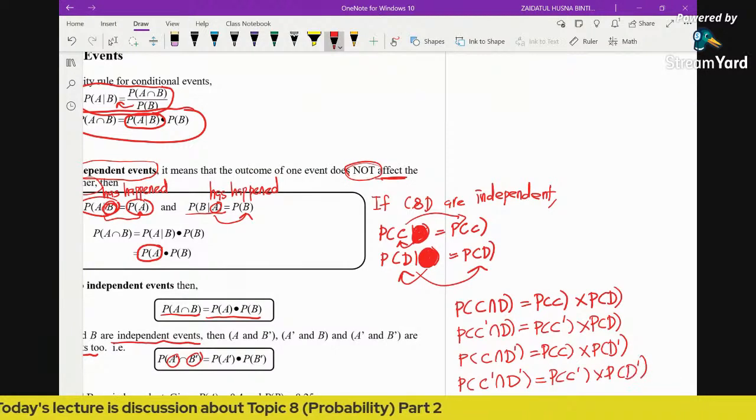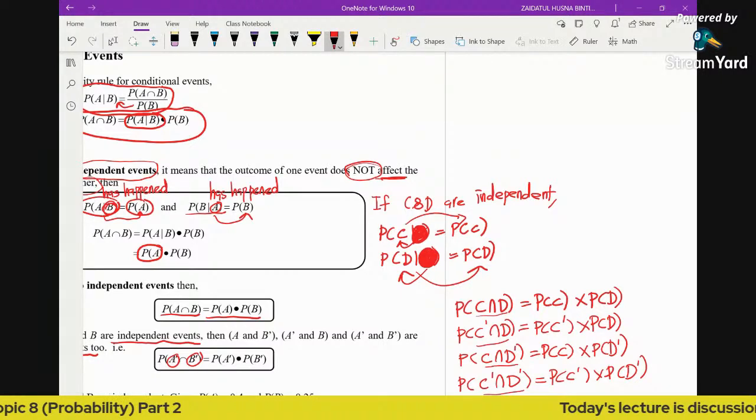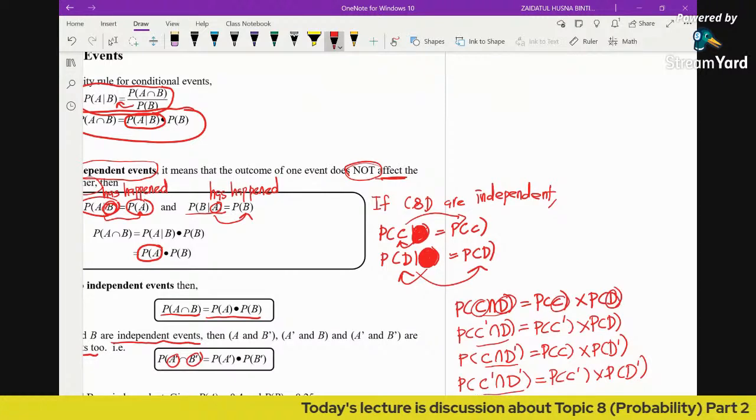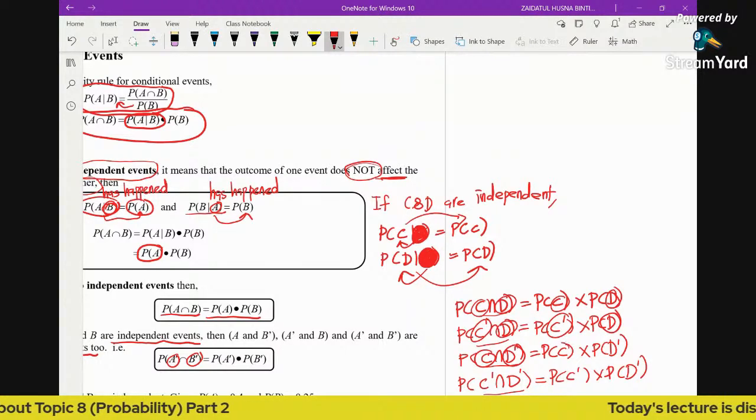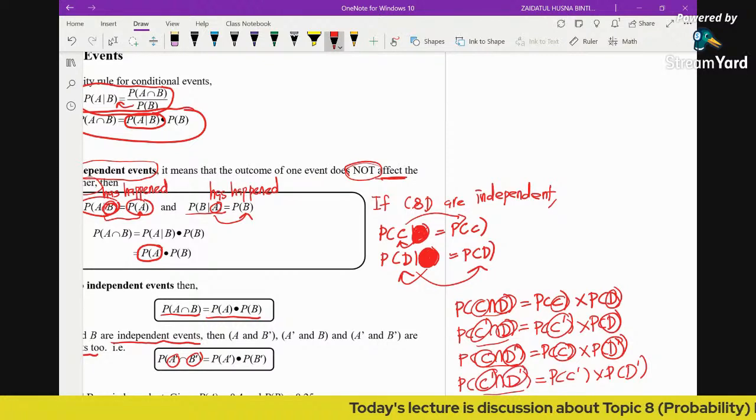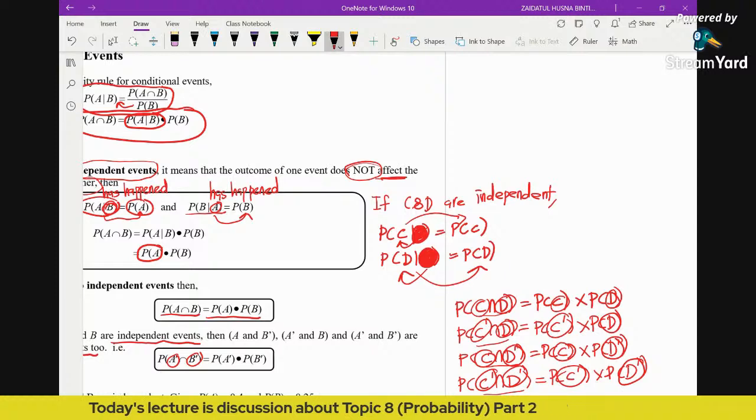You just look at the events on the left, and the right hand side will follow through. If you have C and D, you will have C and D. If you have C prime intersect D, you will have C prime multiplied by probability of D, and so on.